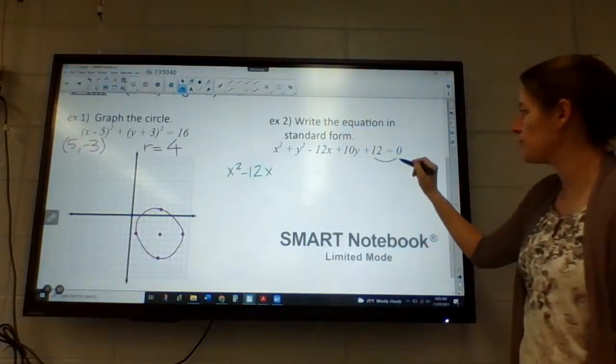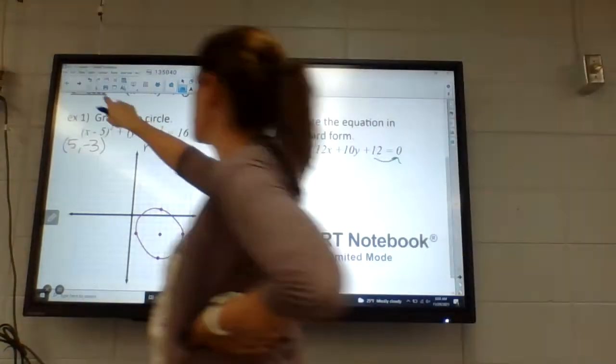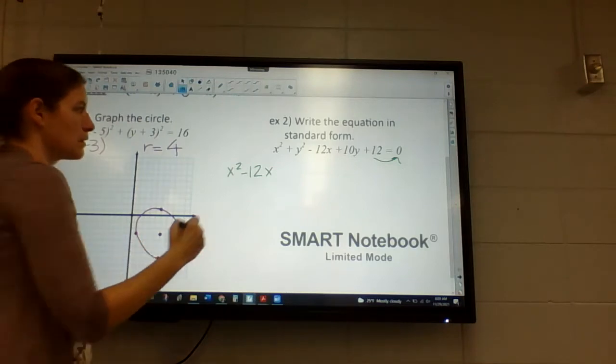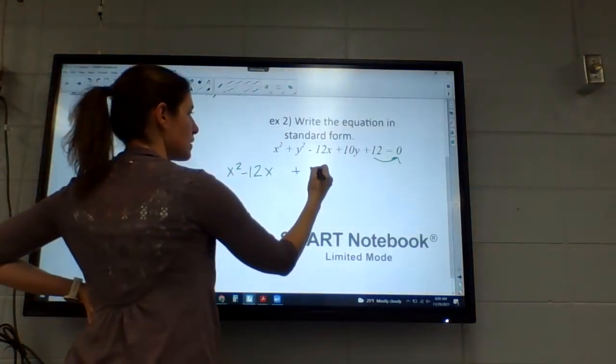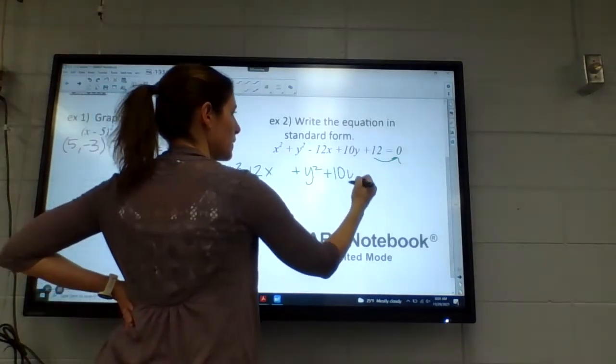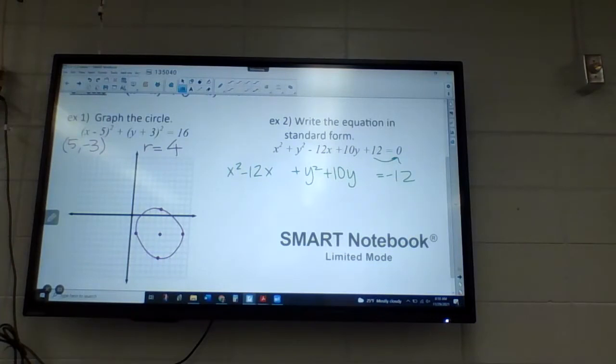Don't forget to move that constant over. So we organize the x's together, the y's together, and move that constant away.